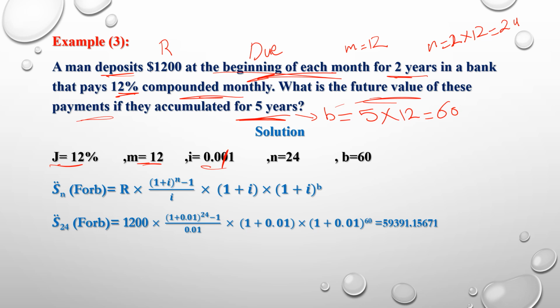As this annuity is a forborne annuity due, we will use the formula of the future value of the forborne annuity due, and by substituting these quantities in this formula we get the future value of these payments.